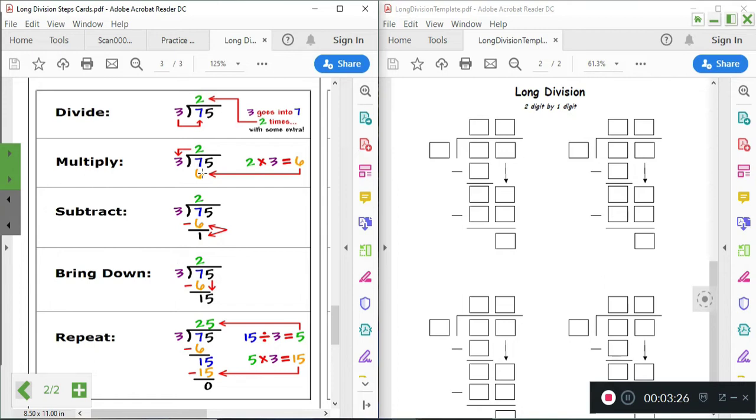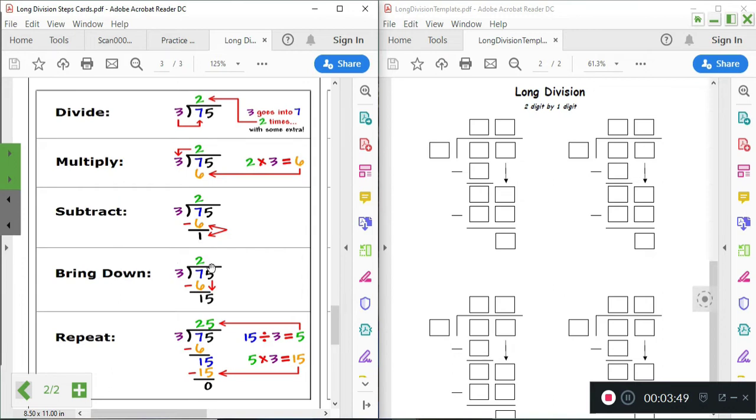I then, sister, subtract. I subtract what I divided by how much I'm able to take away. 7 minus 6 is 1. Once I have done my subtraction, brother will bring down what I still need to divide.